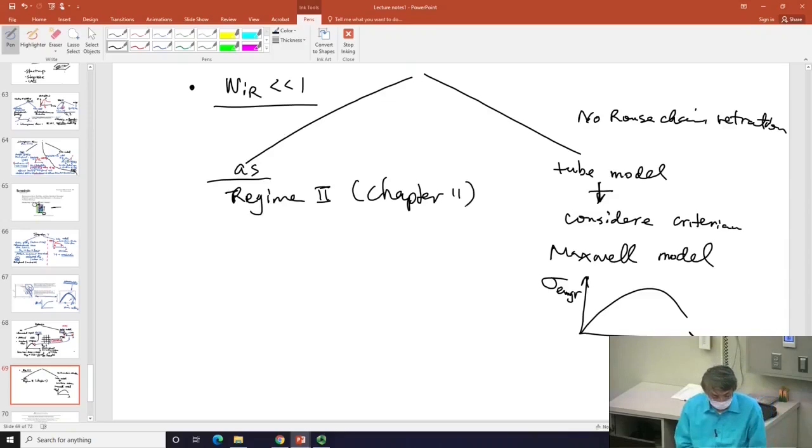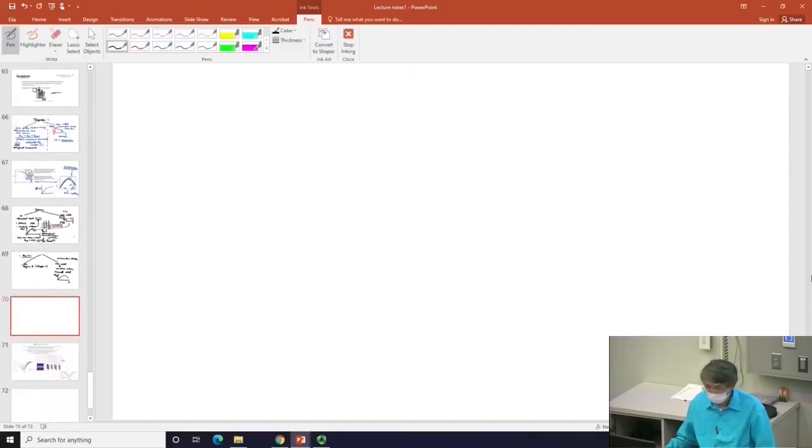Okay. So, lastly, we have a stepwise extension.